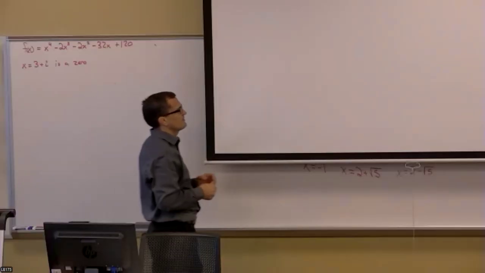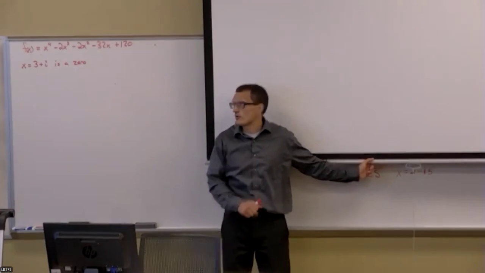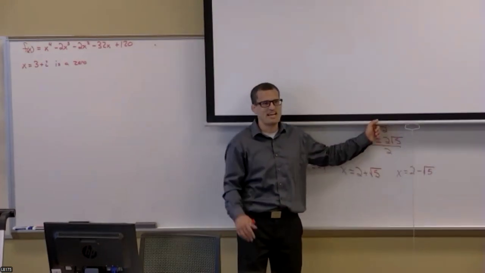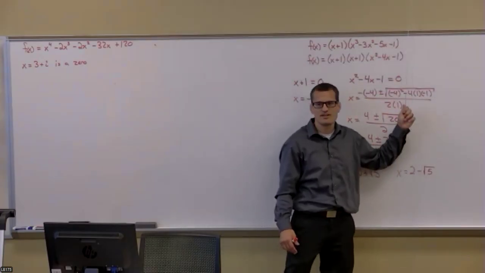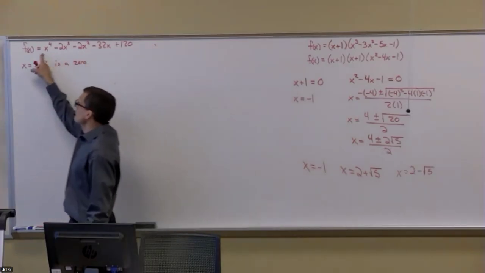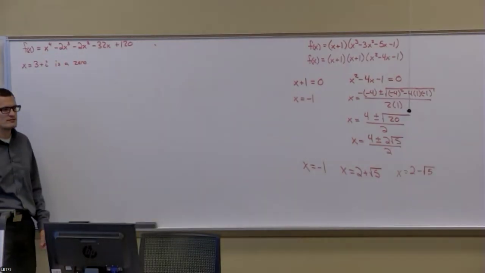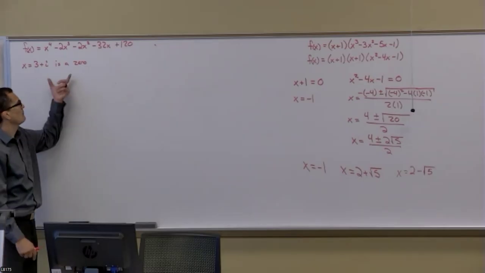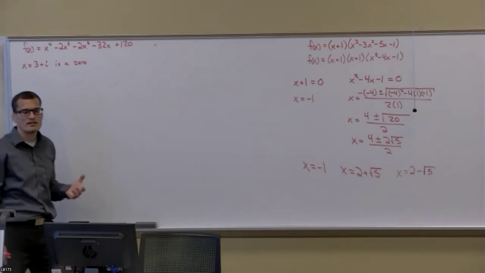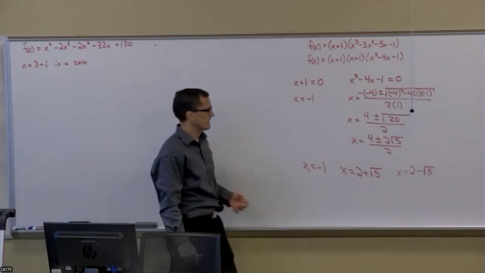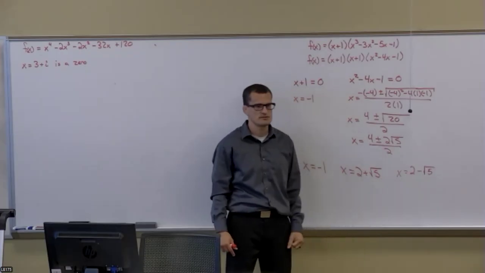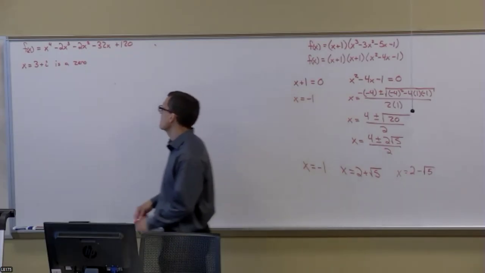Now, just off the top of our heads, does anybody know what another zero is? X plus 9. Exactly, the complex conjugate, right? We see that our polynomial function has integer coefficients, so complex zeros are going to occur in conjugate pairs, just like irrational zeros occurred in irrational conjugate pairs.